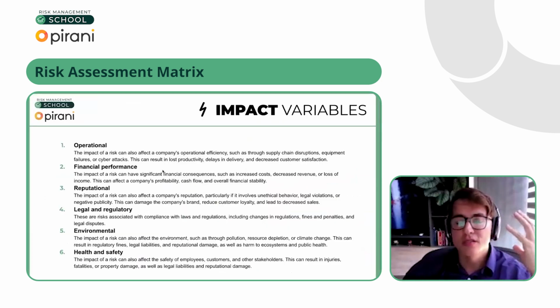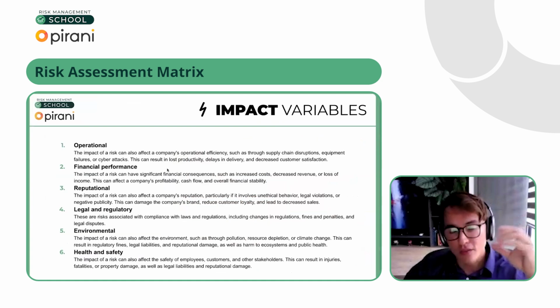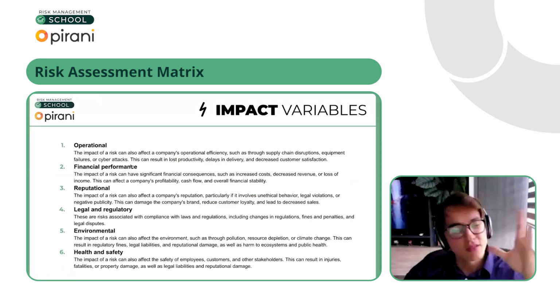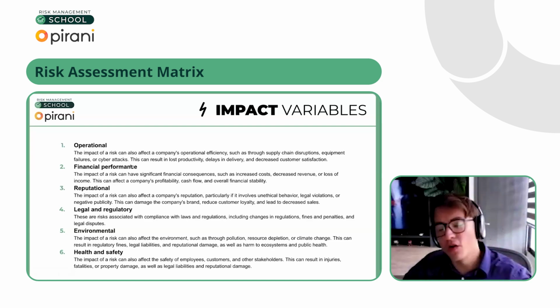The impact variables are sometimes, and most of the time actually, not just money. You need to be aware of different impacts or consequences that can affect your business if that risk happens. So in a better methodology, in a better approach, maybe you can track the operational impact, the financial performance, the reputational, the legal, the environmental, the health and safety. These are the most common impact variables, but you can choose only 3 or 4 or whatever.